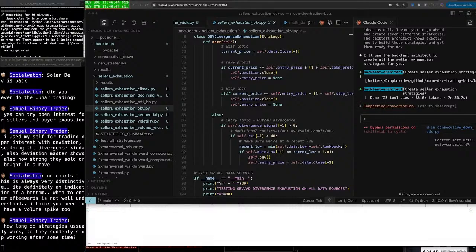It took her about 7 minutes to build those 7 strategies, so about a minute per strategy, when it would take me a light year. It would take me a light year at least.